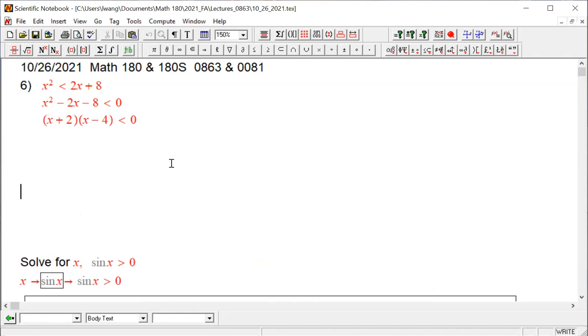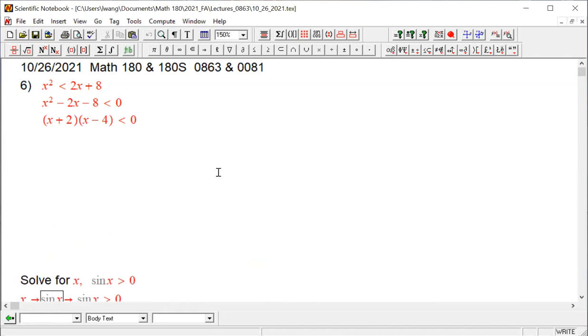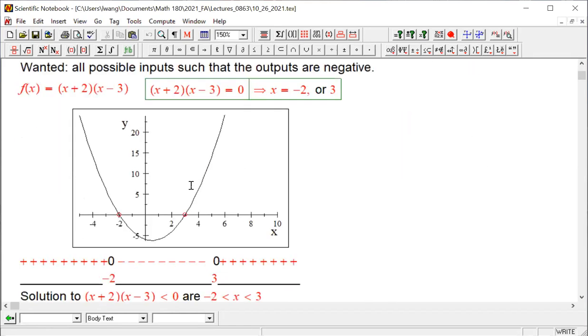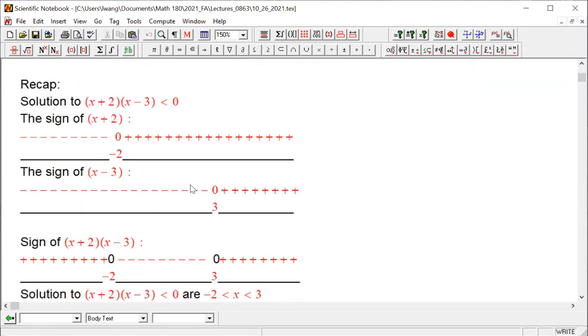Then if we use the first method, the method we talked about yesterday, you look at the sign of x plus 2. We already did x plus 2, so let's save some time.